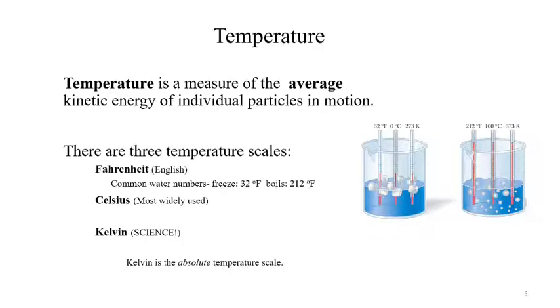So if we look at some common values for Fahrenheit, water freezes at 32 Fahrenheit and it boils at 212. Okay, and you might wonder why they picked those numbers. The more interesting one to me is that 32. Why pick a freezing point for water, the most common thing, to be 32? Well, when Fahrenheit created it, he was able to recognize that there were things colder than ice.